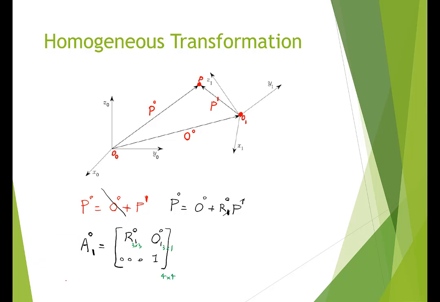Now we can write that equation as P0 is equal to A10 times P1. Similar to rotation matrix, it can cancel out and brings P to 0. The homogeneous transformation not only rotates it to bring it to our desired frame, but also translates it by vector O10 to show the displacement as well.